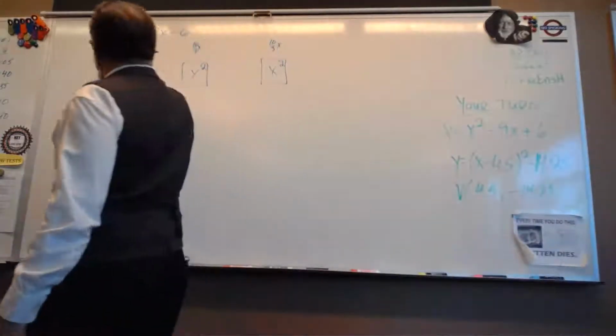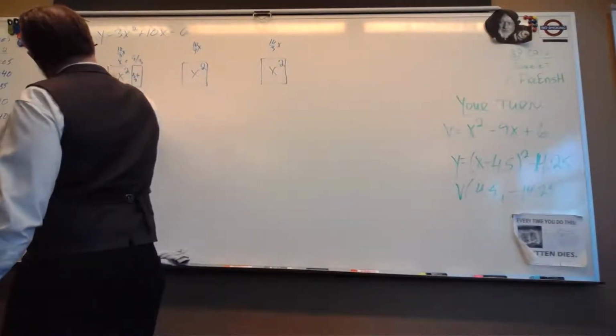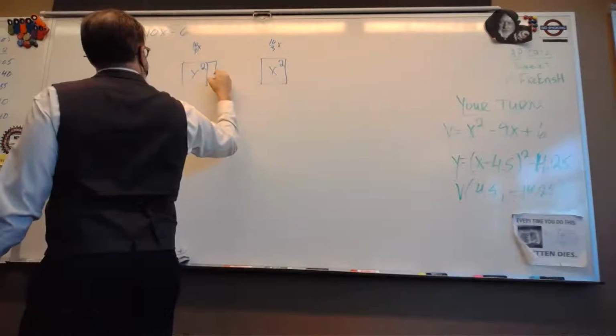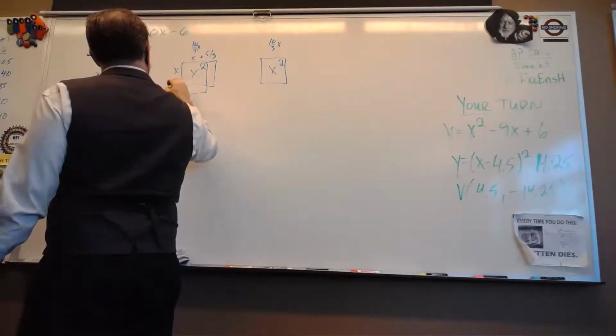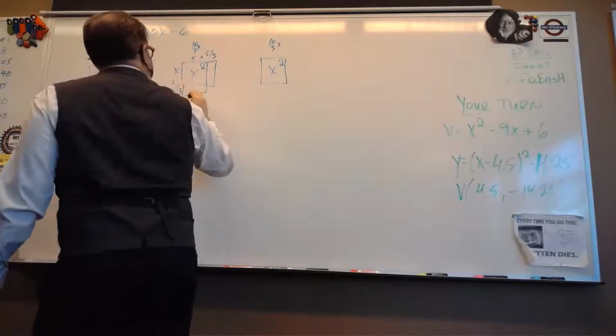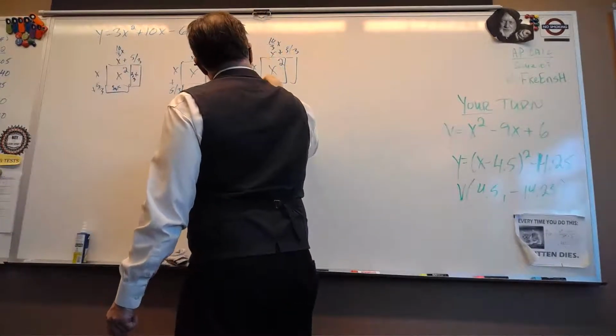But I know that this is x plus 5/3, and this is x plus 5/3, and so on for each of the squares. Oh gosh, I'm getting bored.